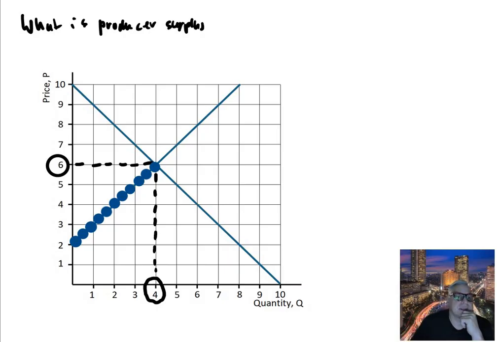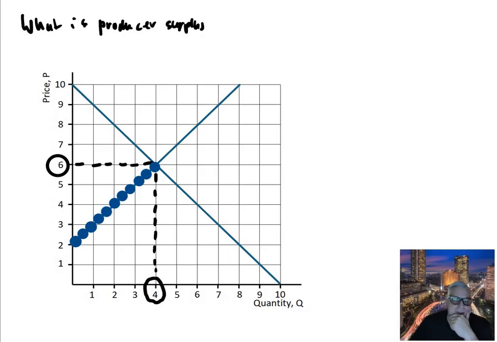And again, the willingness to sell is the price that the producer has to charge in order to cover at least all operational expenses. That is the minimum price that somebody has to charge in order to survive in the market.